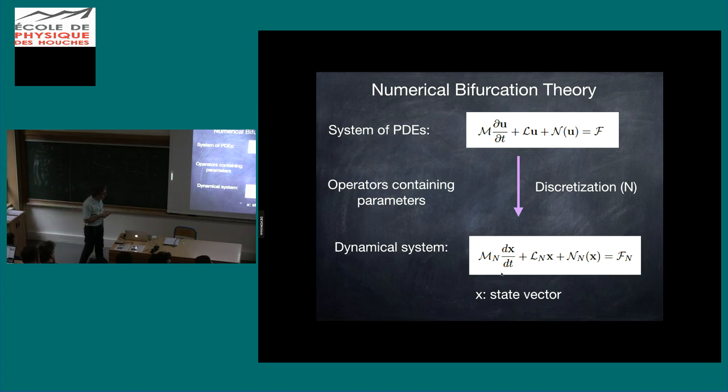And you end up eventually with this dynamical system, which you can always write in terms of dx/dt equals a linear operator, a nonlinear operator, and a forcing, where x is now the state vector. In the typical ocean model where we do continuation, the dimension of x is 1 million or so. So you don't have 3 degrees of freedom like the SM91, but you have 1 million equations.